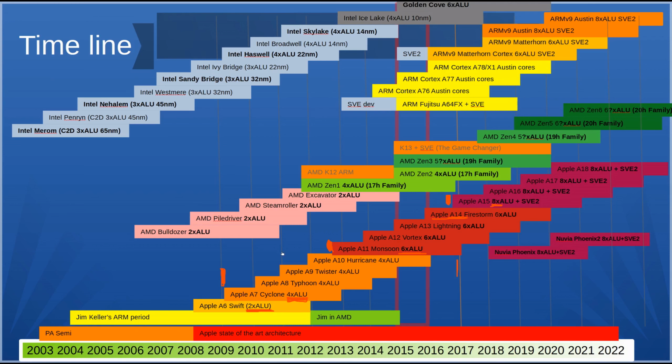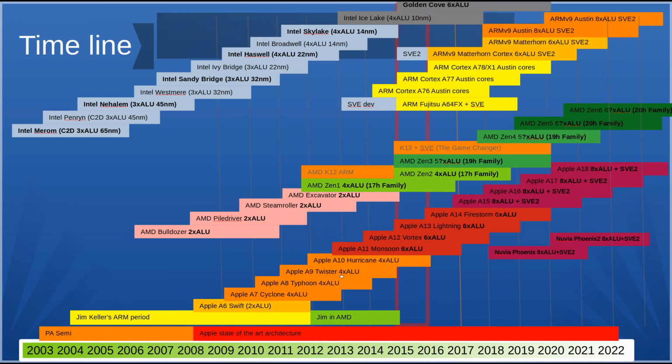And in the meantime, Apple is doing pretty major uplift, because when we take a look at the Apple A9 Twister, it brought a 32% IPC uplift, and it was still a 4 ALU design.